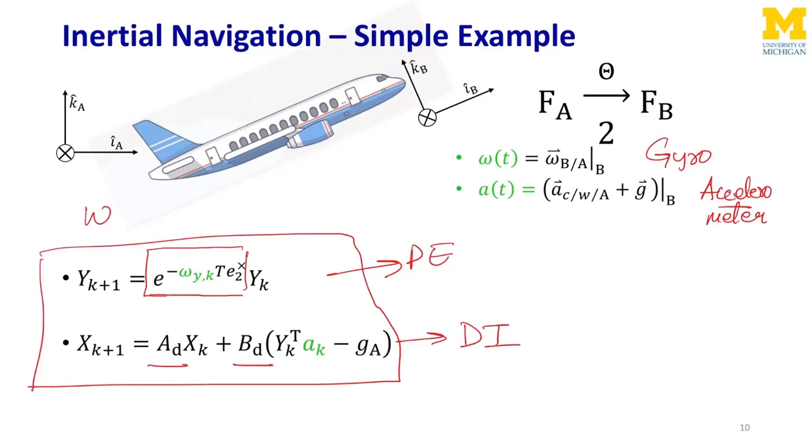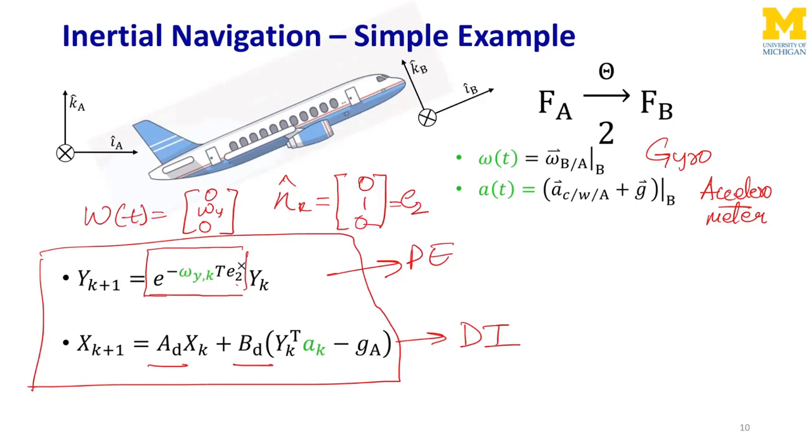Since I'm going to consider omega t equals 0, omega y, 0, the axis of rotation at all times is going to be 0, 1, 0. That's a unit vector along the second axis, and I write this as E2. So E2 is right here. Okay, so we have the discretized Poisson's equation.